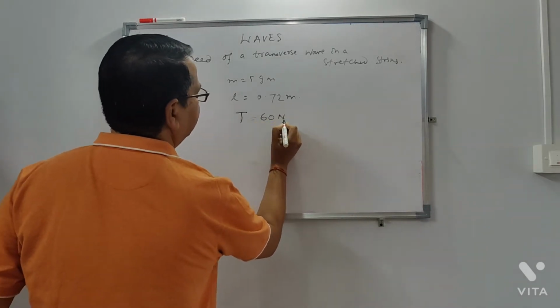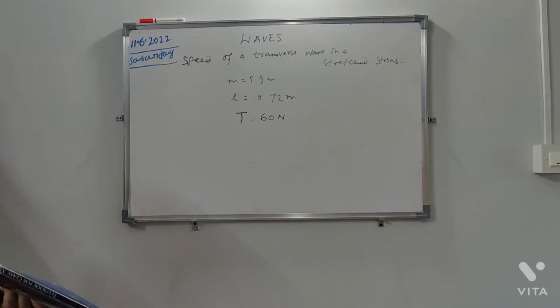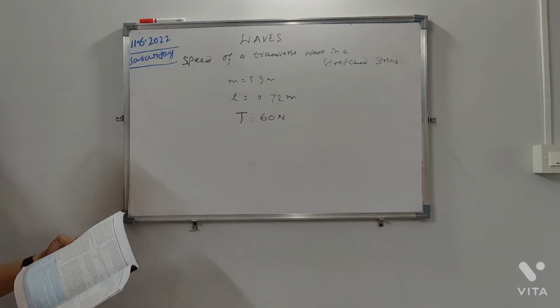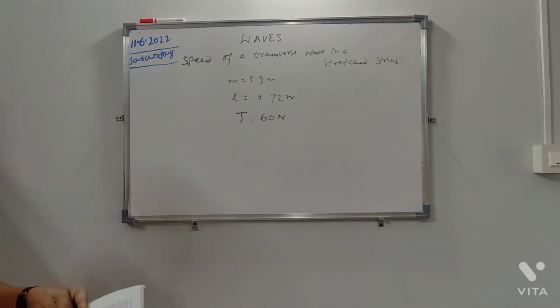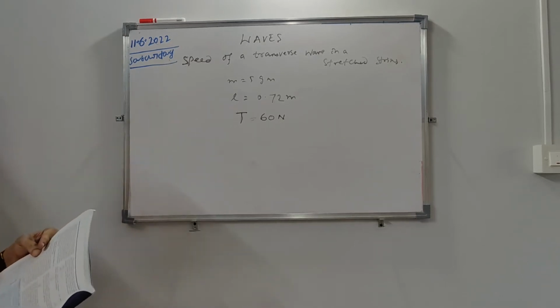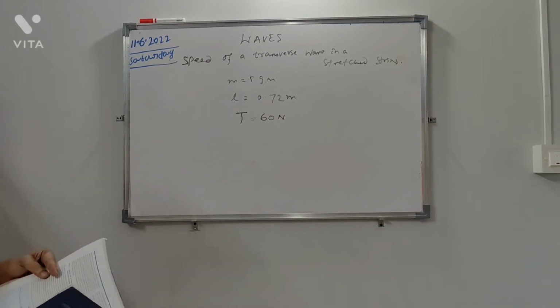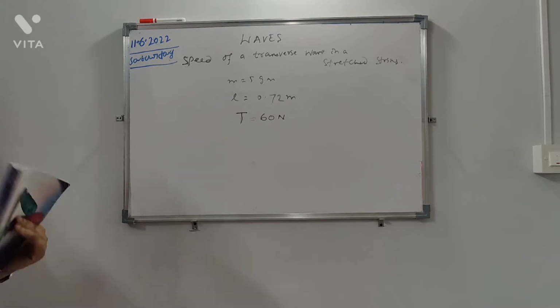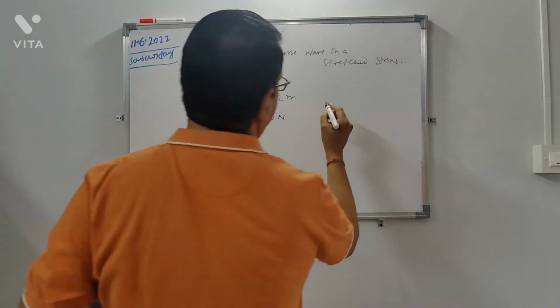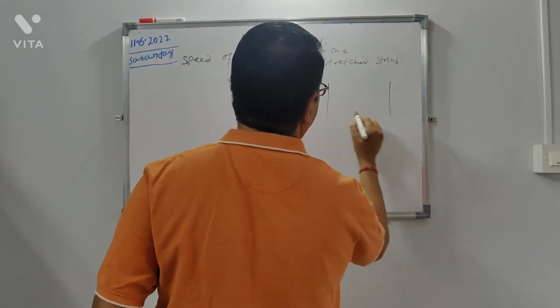It's under a tension of 60 Newton. What is the speed of the transverse wave on the wire? So let us say I have a string.